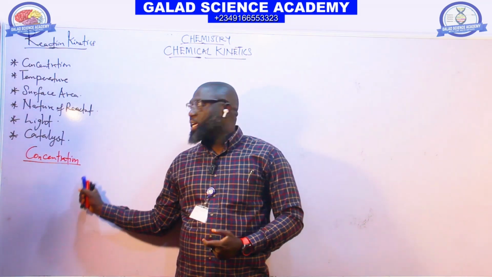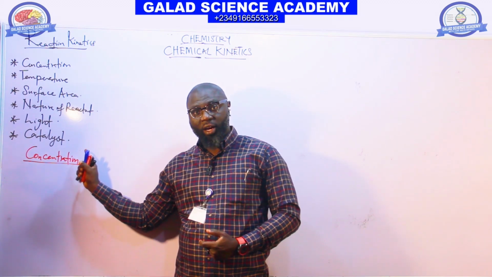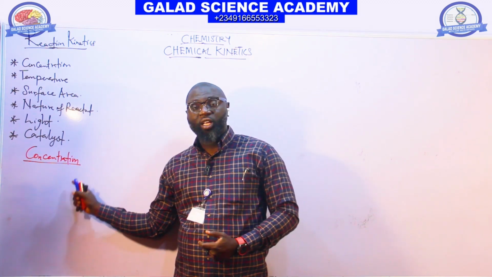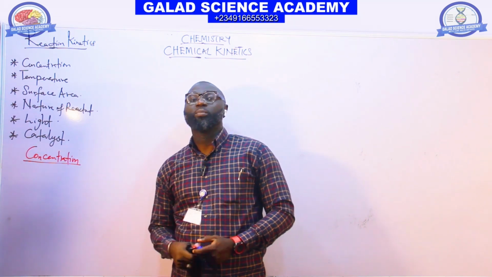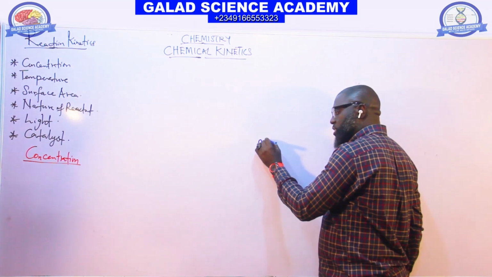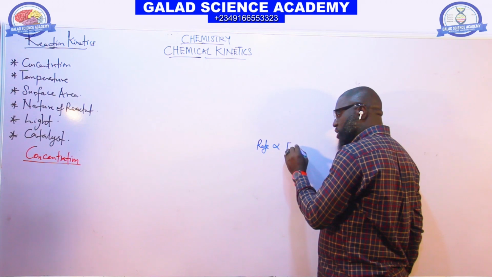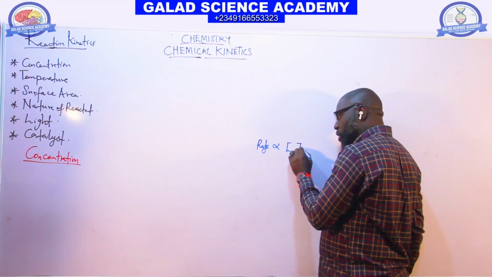The effect of concentration on the rate of chemical reaction is already explained by the rate law, which states that the rate of reaction is proportional to the concentration of the reactant.